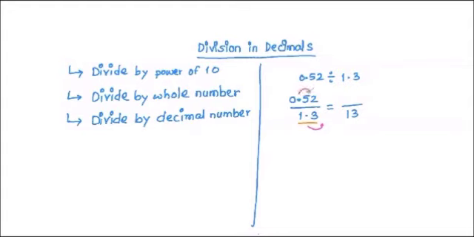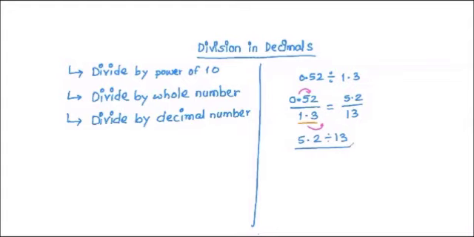So now this becomes 5.2 divided by 13, or 5.2 upon 13, which can also be written in our original form as 5.2 divided by 13. Now you can see we have converted our sum into division by a whole number, and we have already learned division by a whole number.